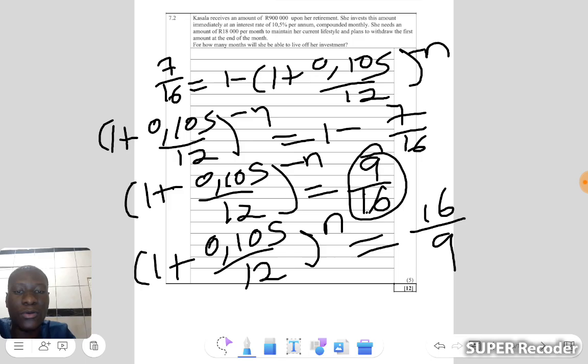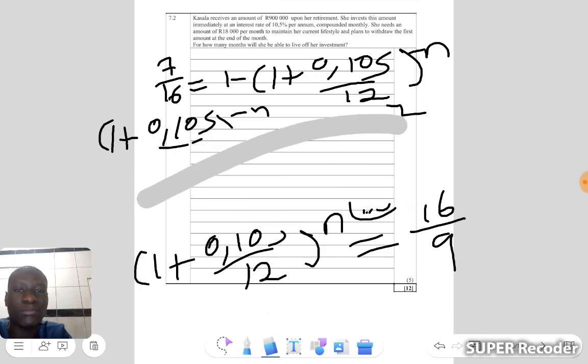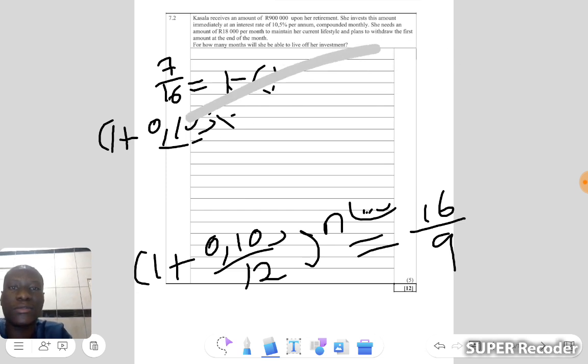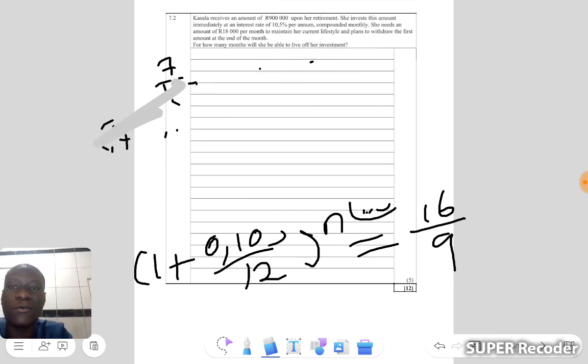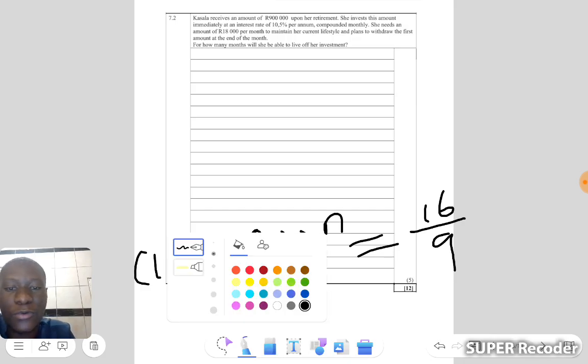Now we are just simplifying to get to what we need, which is the value of n, right? How can we get the value of n? If you know your algebra very well, you know that we are going to use logarithms.